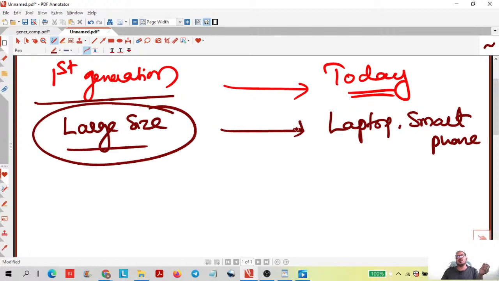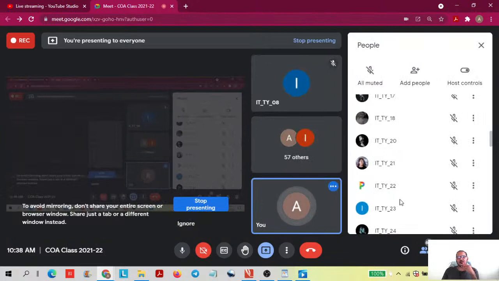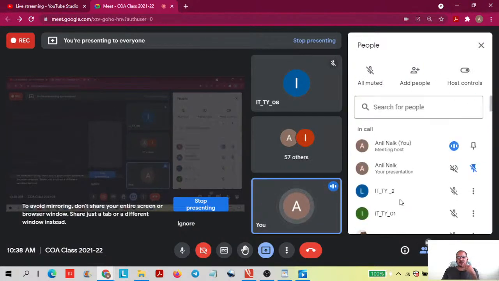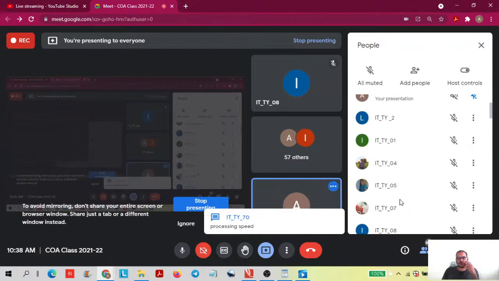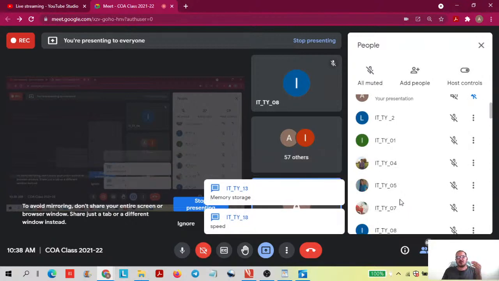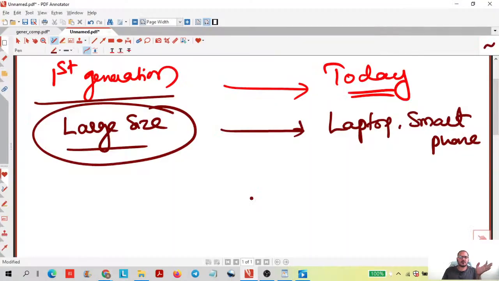Then what are the other features you can discuss here? Roll number 1: processing speed. Good. Processing speed is improved from the first generation.